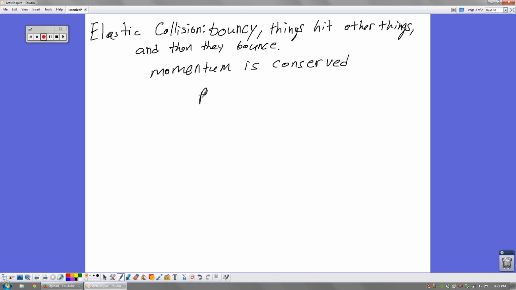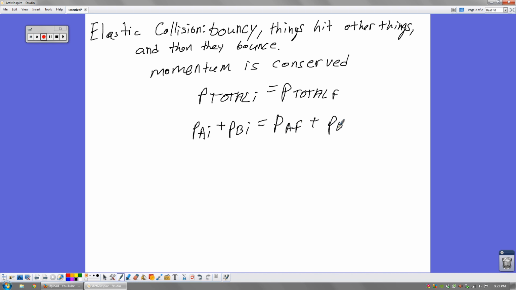Which means that the total amount of momentum before the crash has to equal the total amount of momentum after the crash. Which means that the momentum of thing A initially plus the momentum of thing B initially, for however many things there are, must be equal to the momentum of thing A after plus the momentum of thing B after, for however many things there are after the crash.